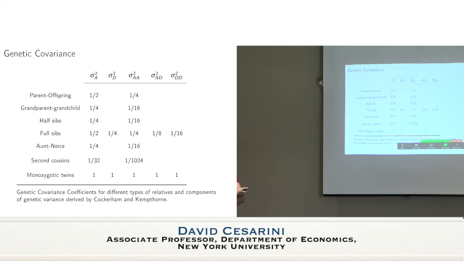And it turns out there's a simple analytic formula you can use to plug in and calculate what these coefficients should be. So in a model with random mating, you could in principle use this framework to see how well you can explain the data.